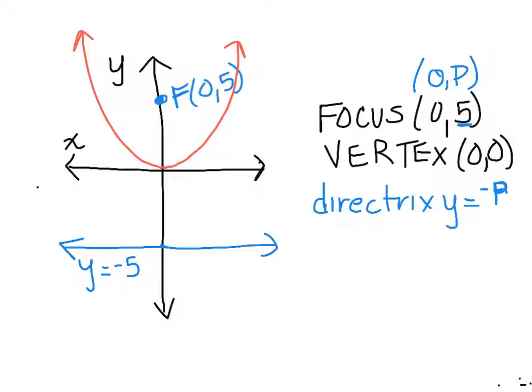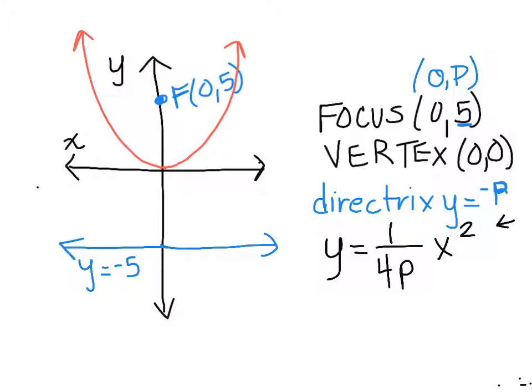Okay, so to write the graph of this equation, we're going to use the formula that is y equals 1 over 4p times x squared. So I want you to remember that when this is a parabola that's opening up, x would be the letter that would be squared in the equation.